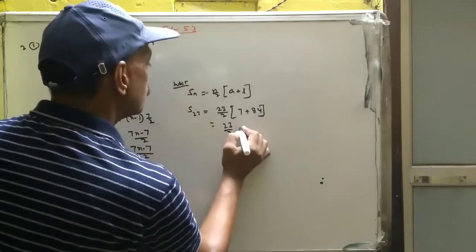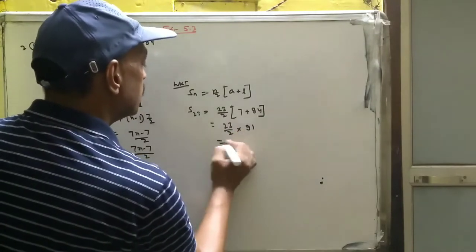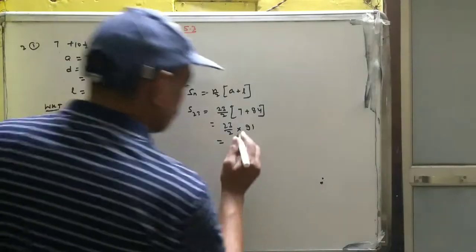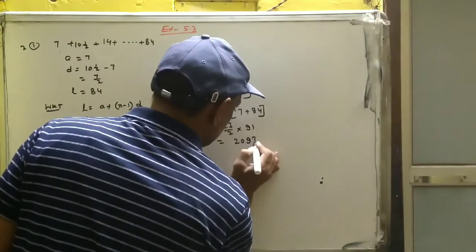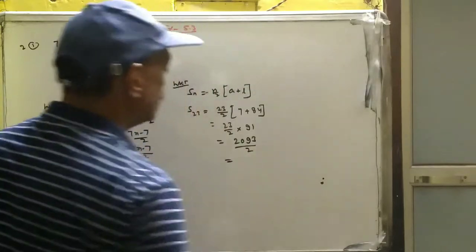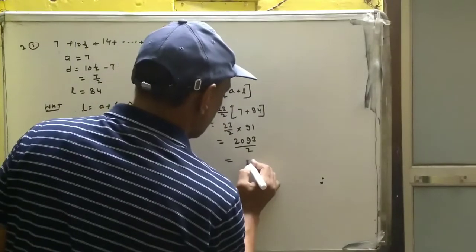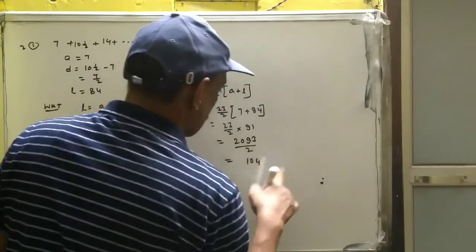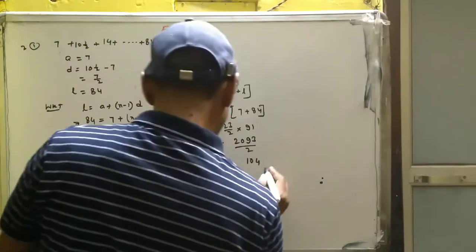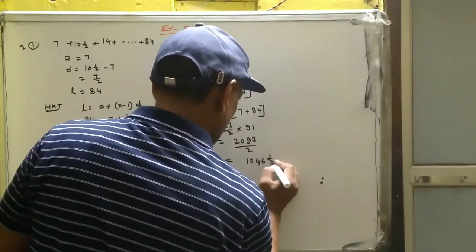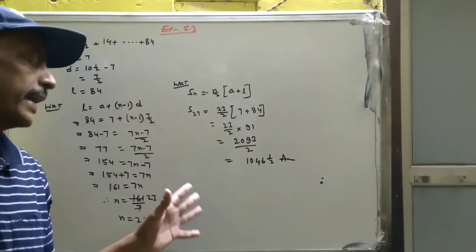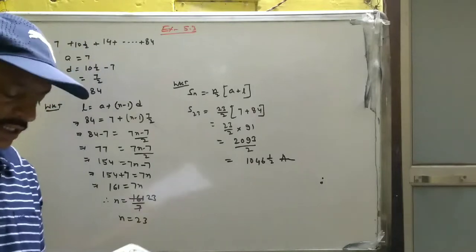Now 23 by 2 into 91, and just multiply 23 and 91, you will get 2093. So 2093 by 2, and take the mixed number. It will be 1046 and 1 by 2. So this is the answer. You just need to get the calculation right, so you will get the answer.